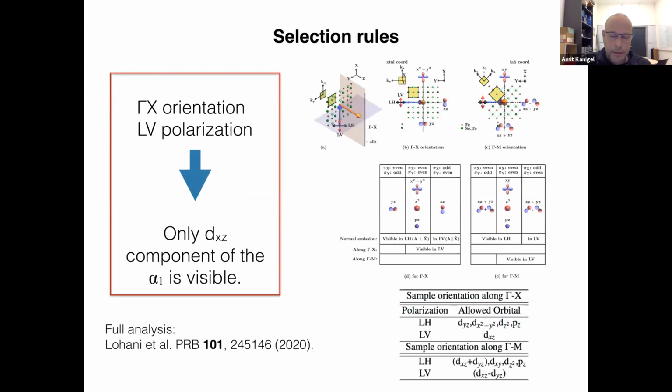And in that case, the selection rules are quite simple. What the selection rules tell you is that only the dxz component of alpha-1 should be visible using this geometry. If you really want to understand all the selection rules, they are summarized very nicely in this paper.